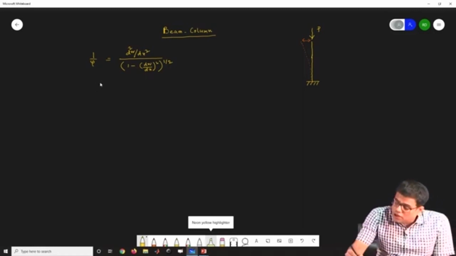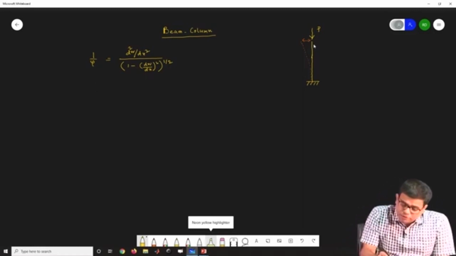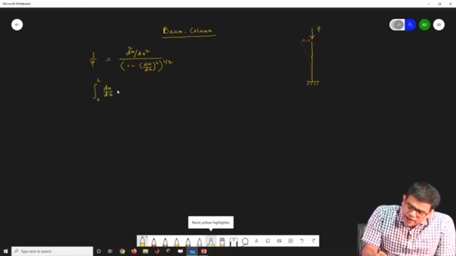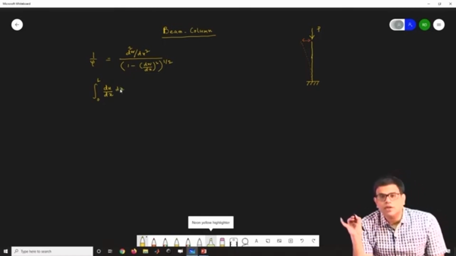Suppose there is a force P, then integral 0 to L of du dx, which is my axial strain, times dx. This is the total axial shortening of the column.